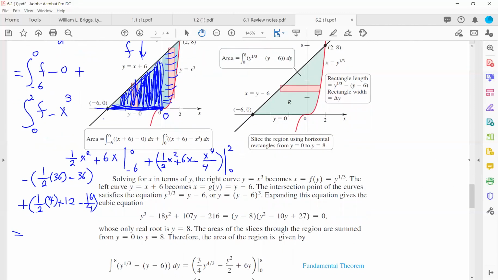So this is equal to negative, and if we factor out 36, we get a half minus 1, negative a half, plus 2 plus 12, 14, 14 minus 4, 10. This is negative times negative 18, plus 10, or 28.